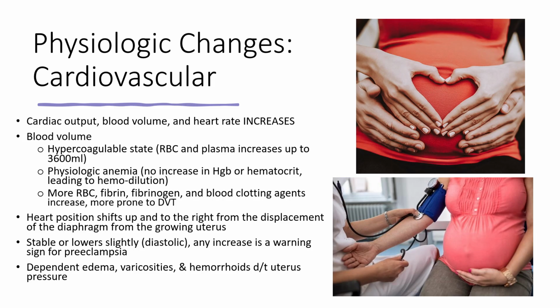All right, so when it comes to cardiovascular, it's fascinating the way our bodies are created by God. As human beings, we normally have about 1.5 to 2 liters of blood, a normal adult.